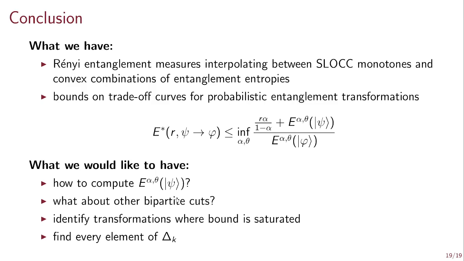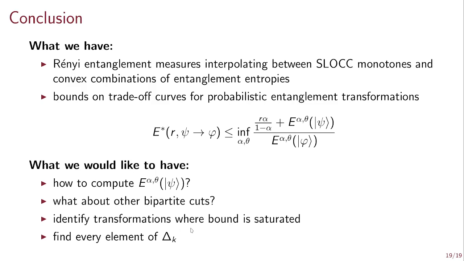In this case, we interpolate between the Rényi entanglement entropies for special cuts of the system, where we group together one party and the rest. But there are also other bipartite cuts, and the Rényi entanglement entropies across those cuts are also in the spectrum. So is there also a way to interpolate between all of them?